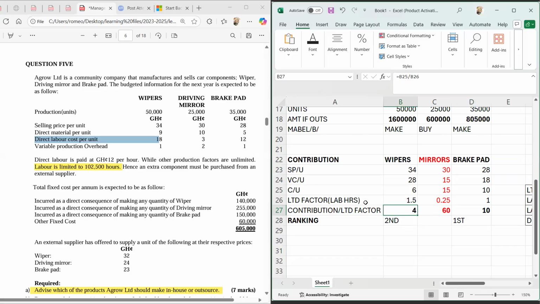This is the number of labor hours we had. We had 1 per unit, so when we divided the 10 by the 1, we had 10. But per this one, when we divide the 6 by the 1.5, we are getting 4. That means we can utilize more of what? Brake pad to earn us more revenue as compared to these wipers over here.